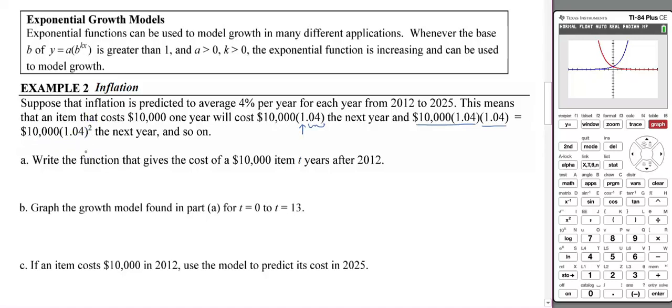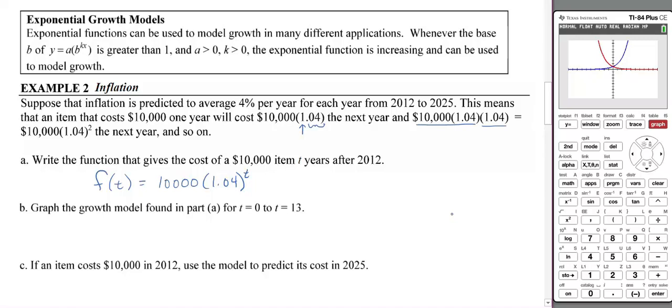The next year would be 10,000 times 1.04 to the fourth. So write the function that gives the cost of a $10,000 item t years after 2012. We're going to have f of t equals $10,000 times 1.04 to the t, where t is the number of years after 2012.